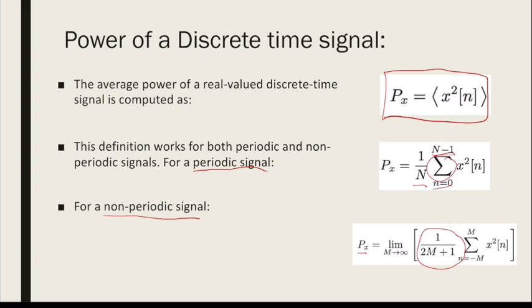And something to clarify here is that the 2M plus 1 came from the fact that the limit is from minus M to M, so that gave us 2M, and that's a clarification in this equation. That's it for this section.